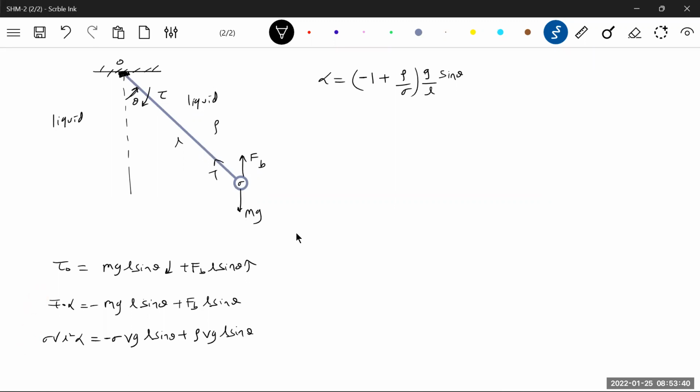This will be the expression for this. So for 1 minus rho by sigma g by L theta, comparing this with the standard SHM equation.